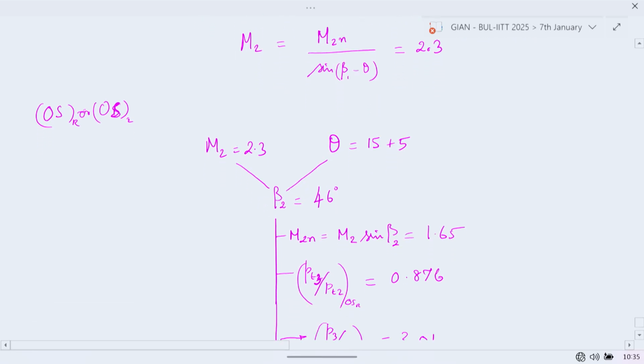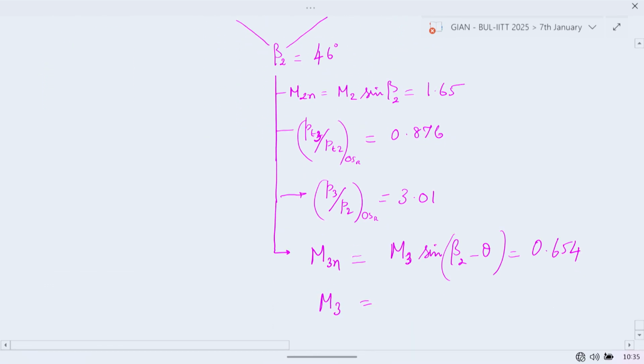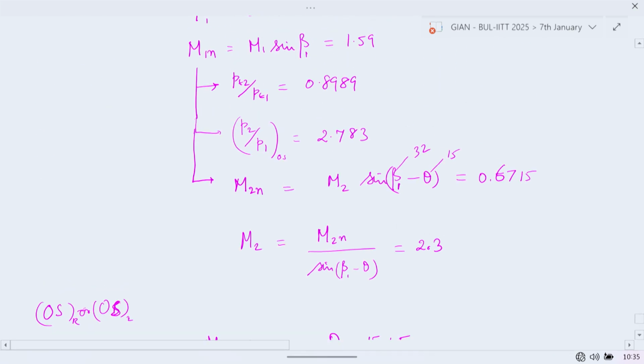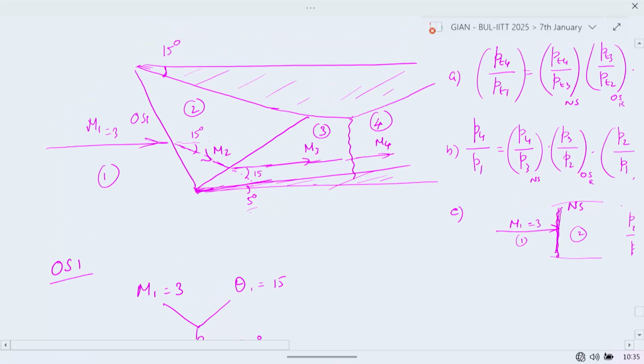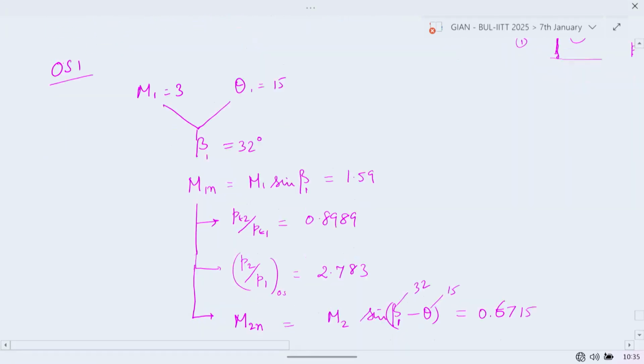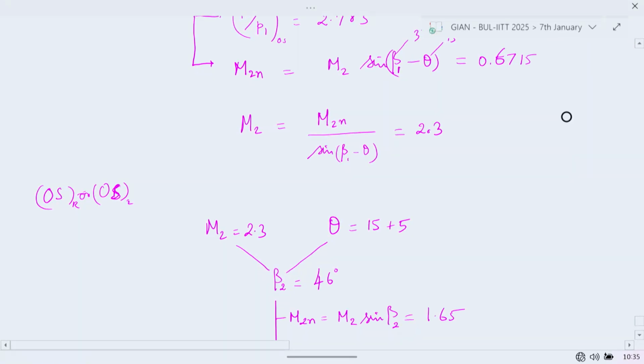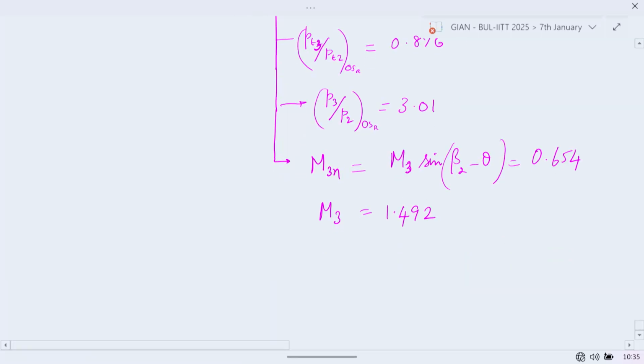It should be less than 2.3. What is it? 1.492. So now you can see that we have decelerated the flow from 3 to 2.3, and then now it is 1.492.